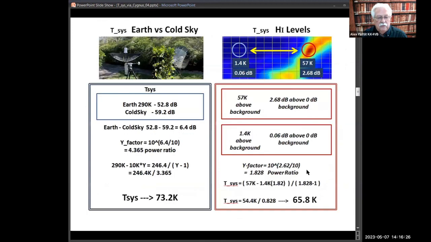And there's even a third variation on this. With the Earth and sky I got 73; using these H1 levels of 1.4K and 57, I got 65. And then I came up with another combination: what if we offset this by the nominal 10K cold sky that's typically used? I come up with 56.